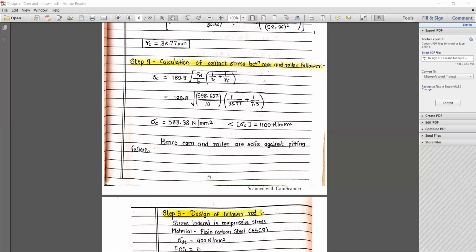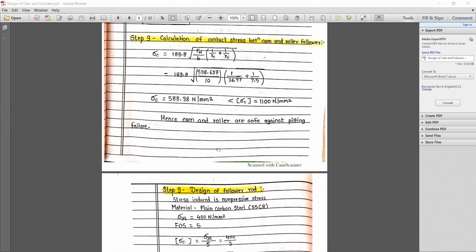Putting all the values, the contact stress value we get is 588.38, which is very much less than the design value. Hence our design is safe for pitting failure.